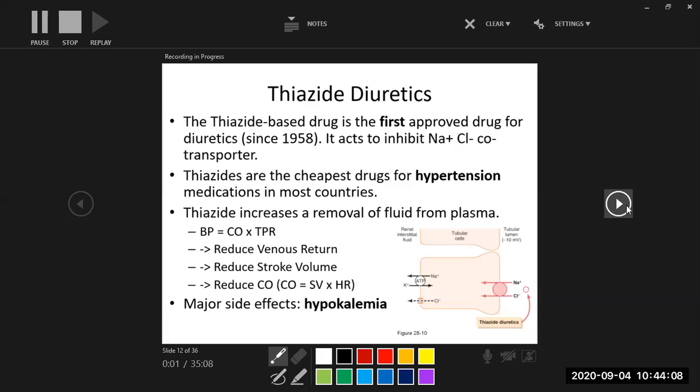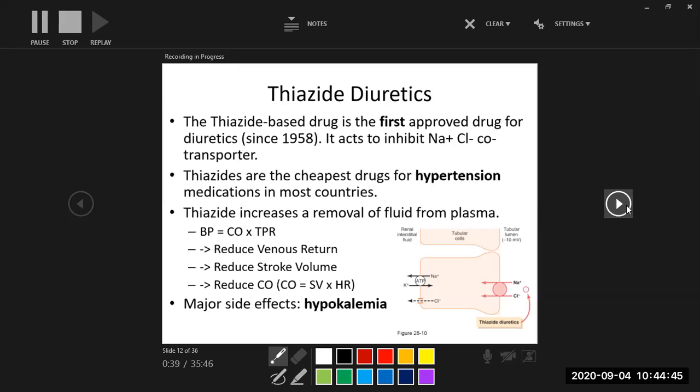And that's also a channel that can be used as a target for diuretics. This one is not as powerful as the loop diuretic because it only blocks the absorption of about 5% of the sodium. But this was the beginning, when researchers started to think about using the nephron as a way to control our body's fluid.